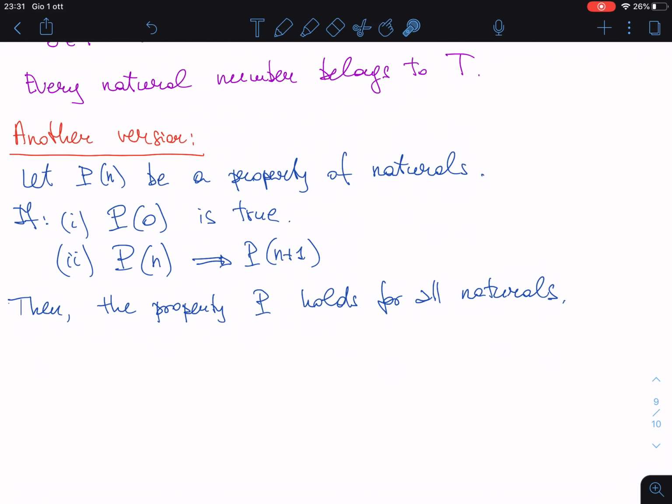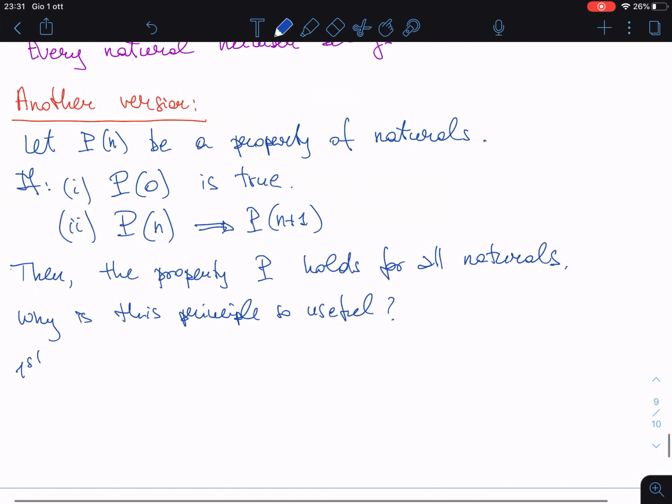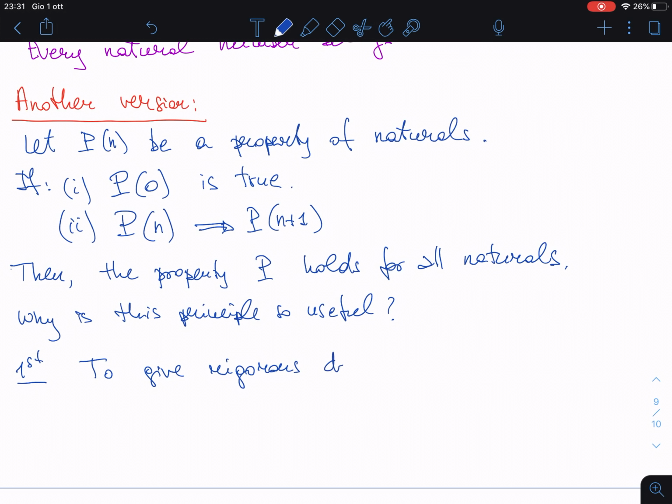Why is this principle, which seems so obvious, so useful? Basically for two reasons. First, to give rigorous definitions.